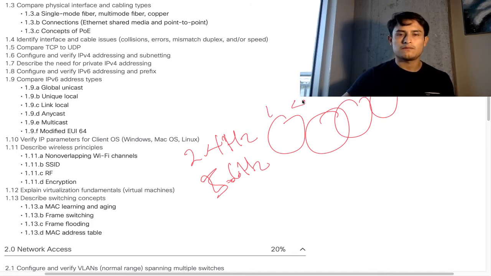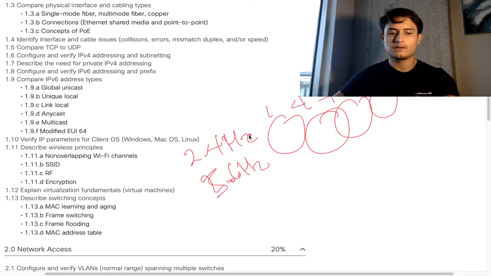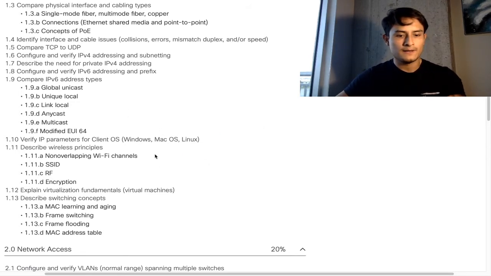I believe it's 1, 6, 11, and I'm sorry you cannot see that on my screen, but you just need to know that. Let's see what else. You need to know what the SSID is, what radio frequency is, and encryption: what does the encryption look like?